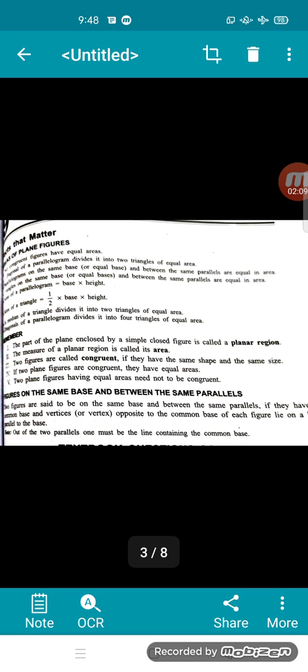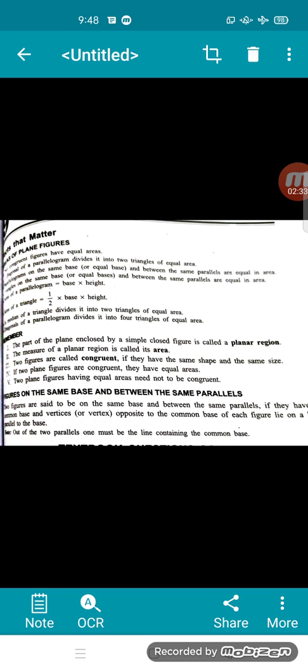Now let us see the main points. Areas of plane figures: two congruent figures have equal areas. A diagonal of a parallelogram divides it into two triangles of equal area. Parallelograms on the same base and between the same parallels are equal in area.